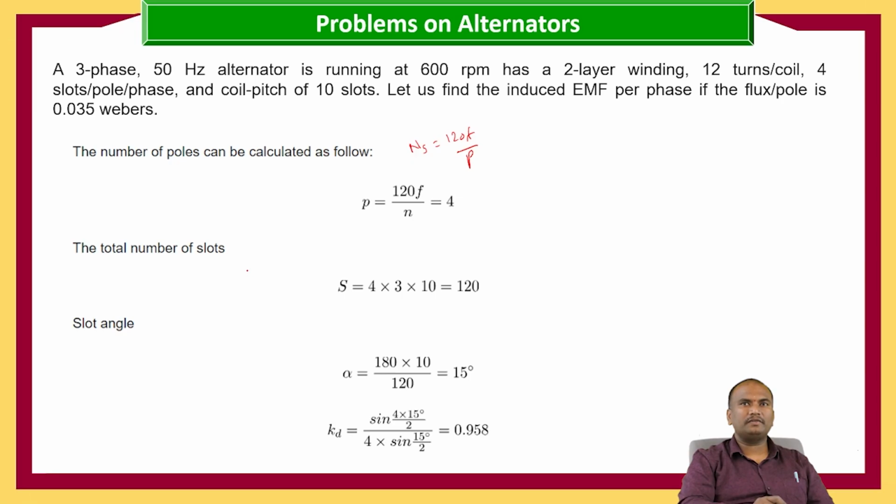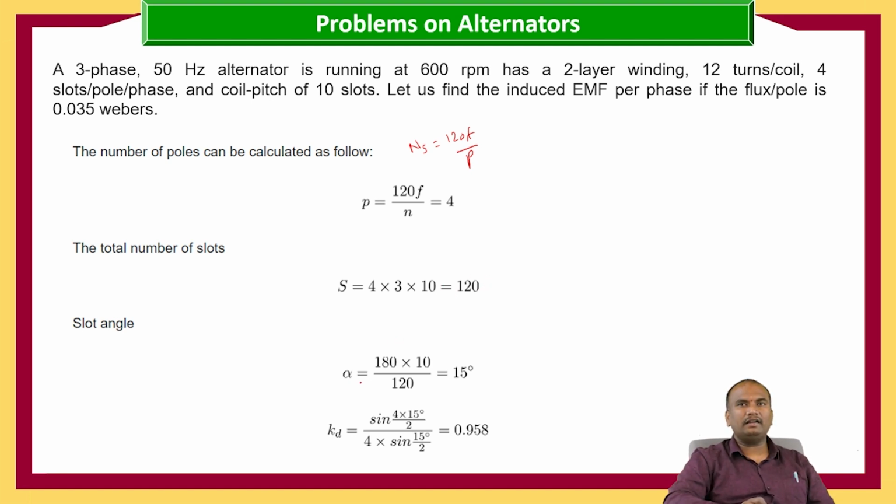Here the total number of slots: the number of slots per pole per phase is 3, and the coil pitch is going to have 10 slots. That is 4 threes are 12 into 10, that is 120.